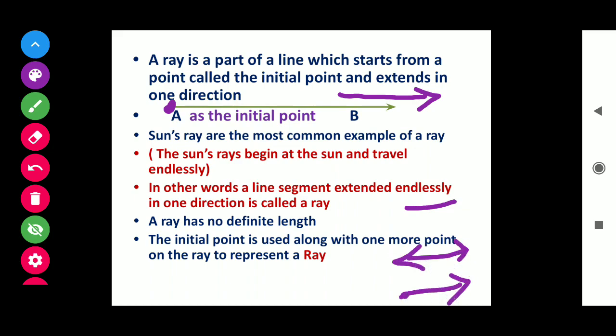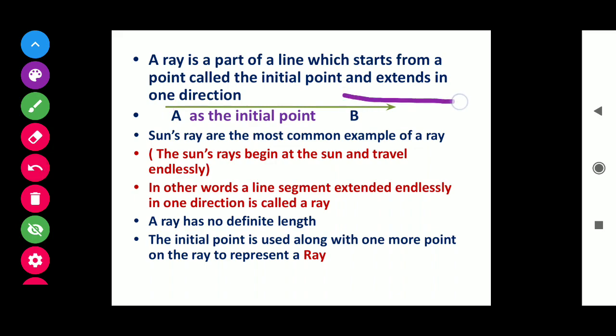The most basic difference between a line and a ray is that a line doesn't have any endpoint, a ray has one endpoint, and on the second side it goes endlessly. Similarly, we cannot measure a ray because it goes endlessly in one direction.